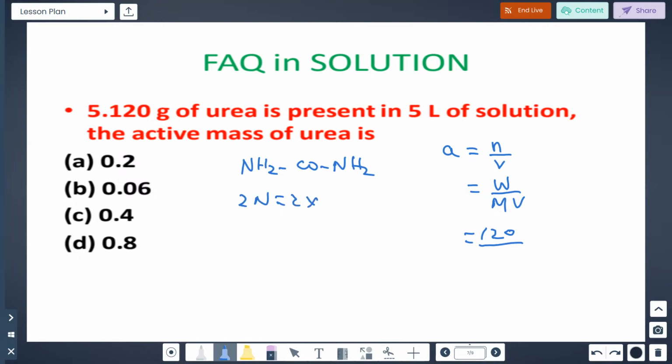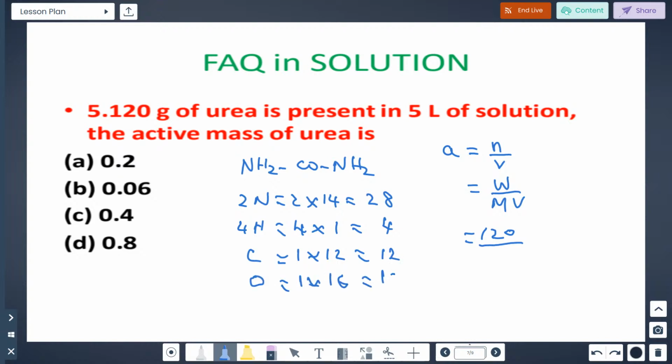So 2 into 14, 28. 4 hydrogen, no? So 4 into 1, we have 4. 1 carbon is present, so 1 into 12, we have 12. 1 oxygen is present, so 1 into 16, we have 16. If you add all this, tell me the total. Nearly 60. Understood? Nearly 60 is coming.